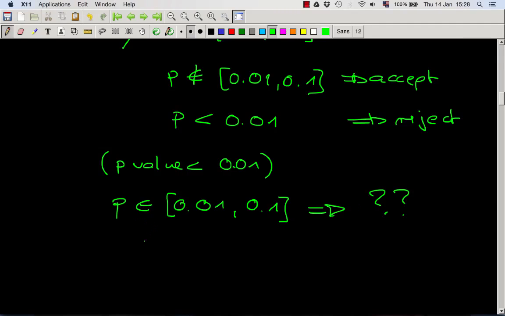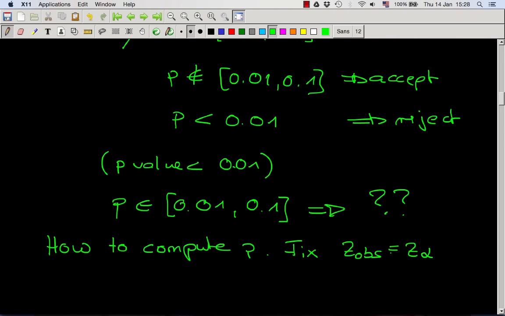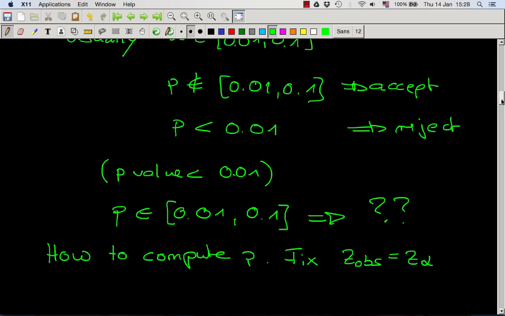Okay, once more to the formal definition of the p-value. So how to compute p? You fix z_obs equals z_alpha, or z_alpha/2 for the two-sided case, or minus z_alpha for the right-sided. So it depends here now.